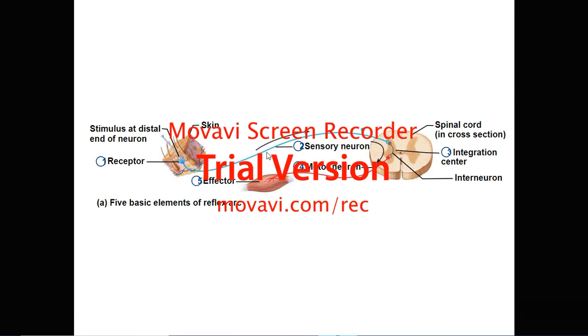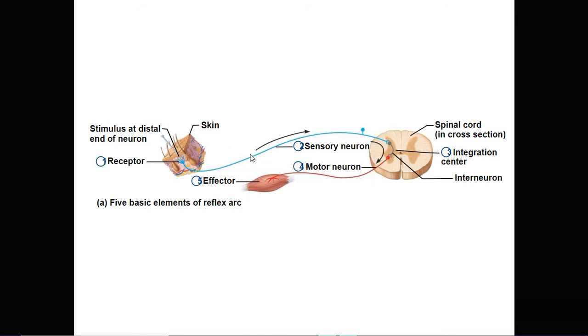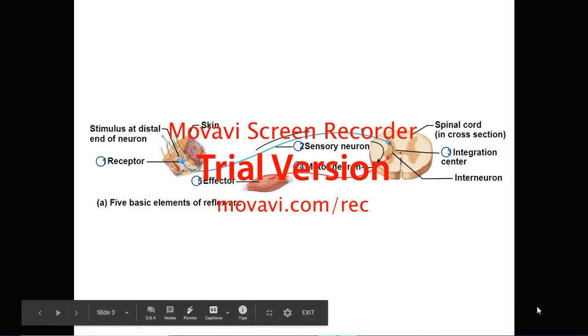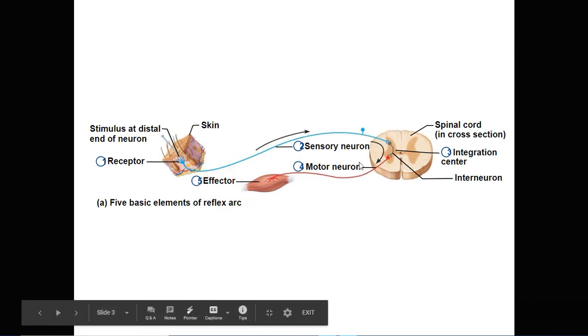So this is going toward the central nervous system. This is the afferent pathway to the central nervous system, and it's going to travel through a sensory neuron, and this is number 2. This is a sensory neuron that's transmitting the impulse to the central nervous system. In this case, it's going to the spinal cord.